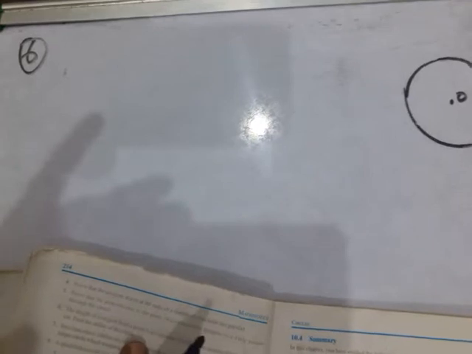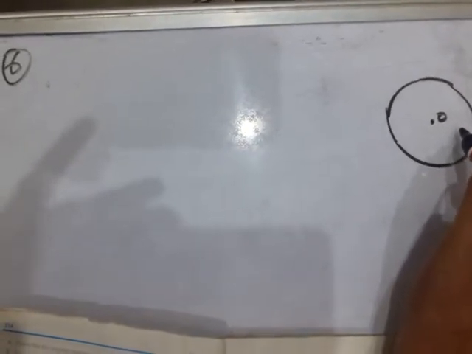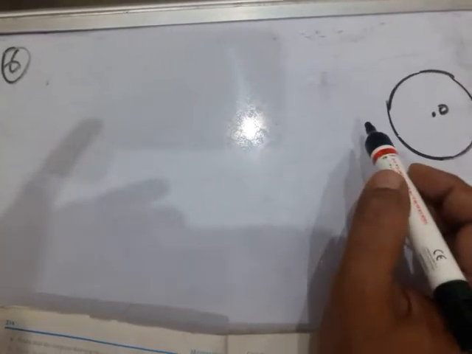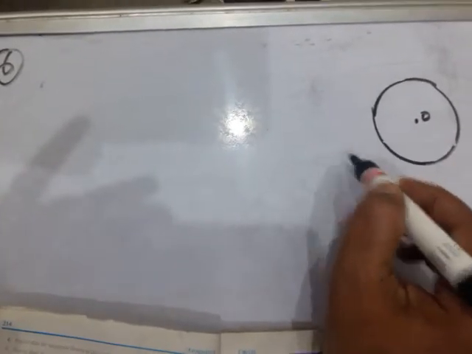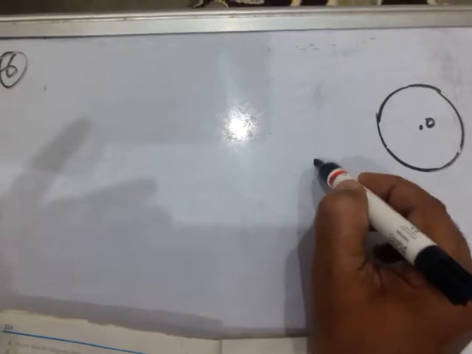See here, what is the length of a tangent from a point? The length of a tangent from a point A at distance 5 centimeter from the center of the circle. This is the circle, the center O, and point A is over here. Clear?